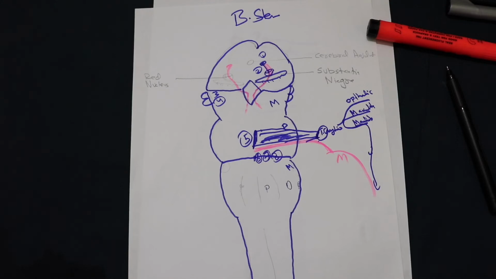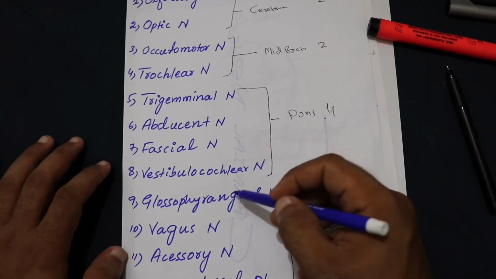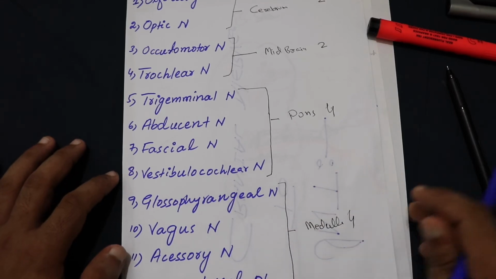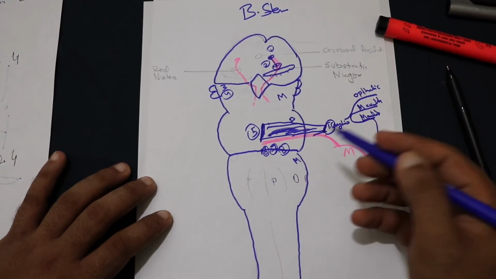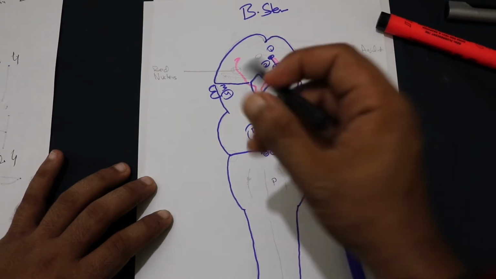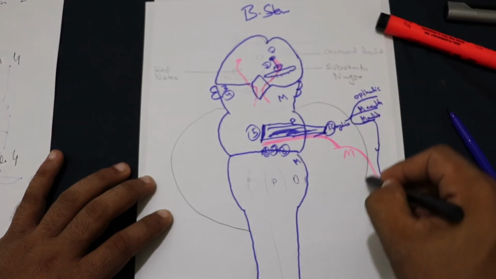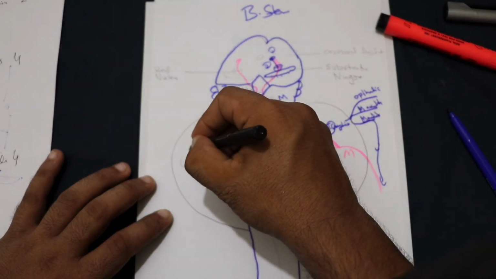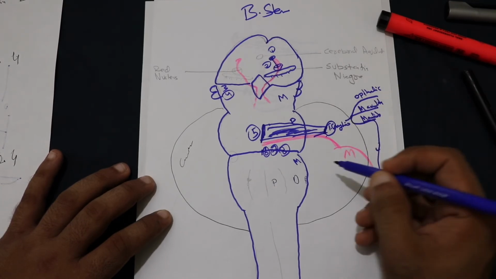The last four nerves, which are your glossopharyngeal, vagus, accessory, and hypoglossal nerve, arise from the medulla. But it arises from another space. For example, consider this diagram. If we see closely on the back of it, there is the big cerebellum.